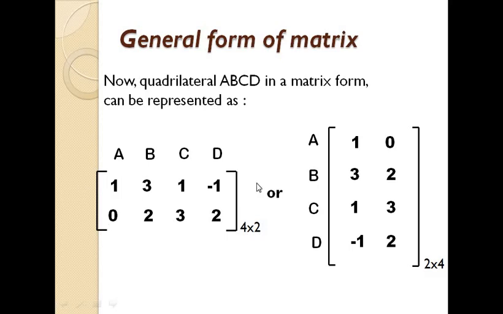The first row consists of x coordinates, and the second row contains y values. Similarly, if we are storing in columnar format, the first column stores x values and the second column represents the y values of the points. So there are 4 points: (1, 0), (3, 2), (1, 3), (-1, 2).